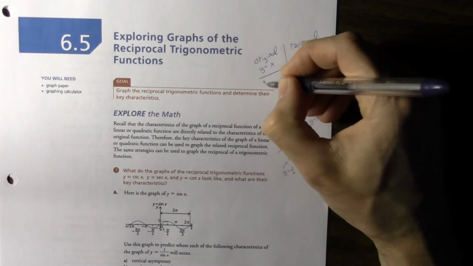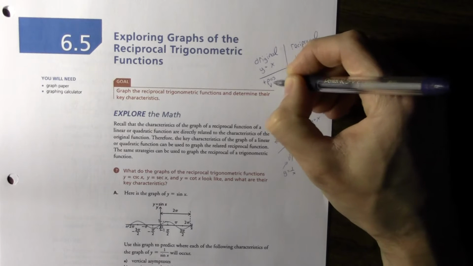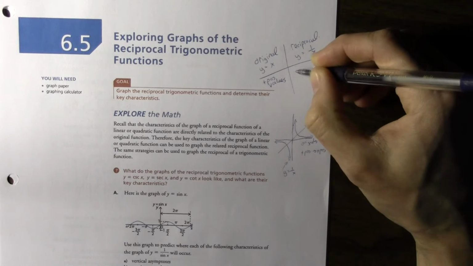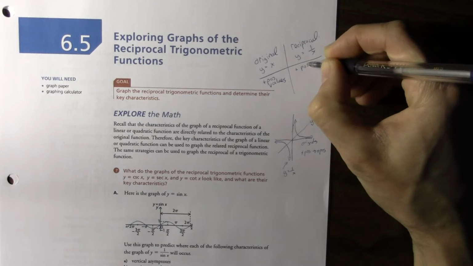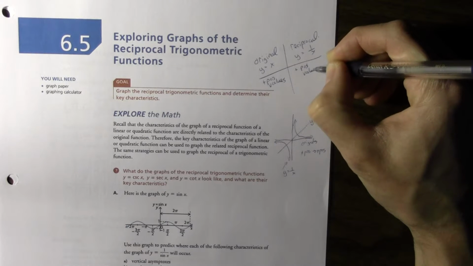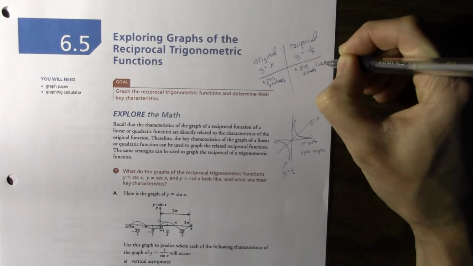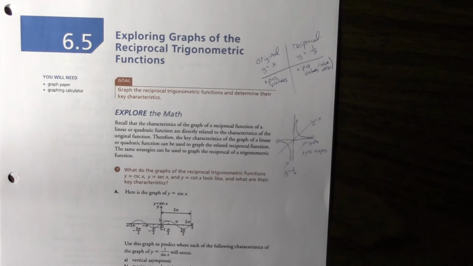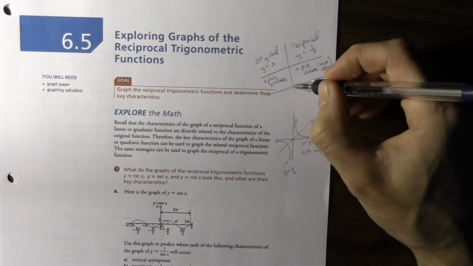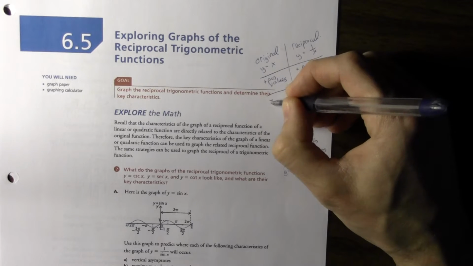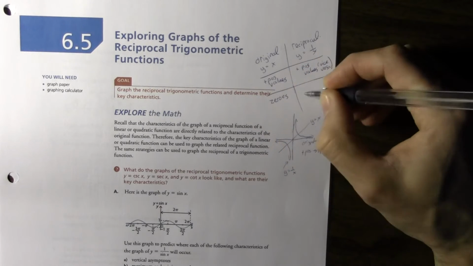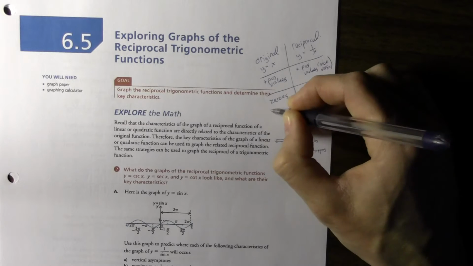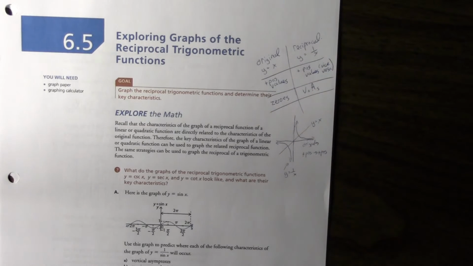So we said positive values produce positive values, and vice versa for negative. And the other one I heard was zeros produce vertical asymptotes.